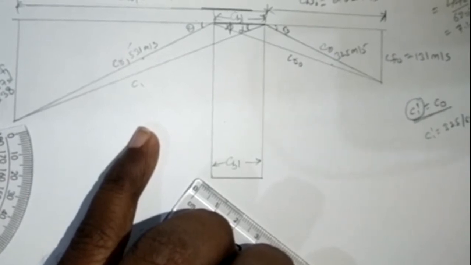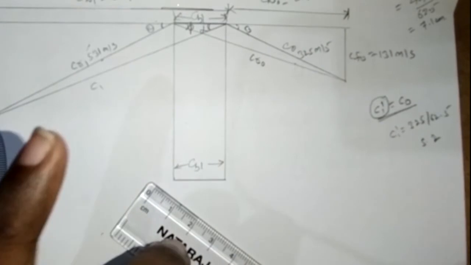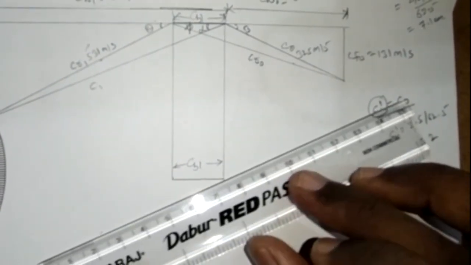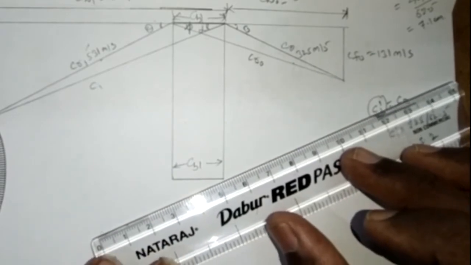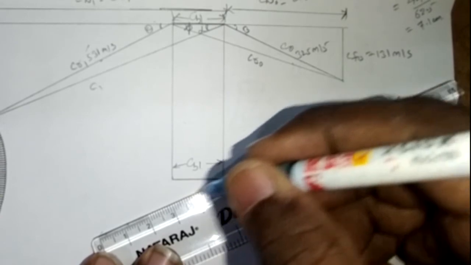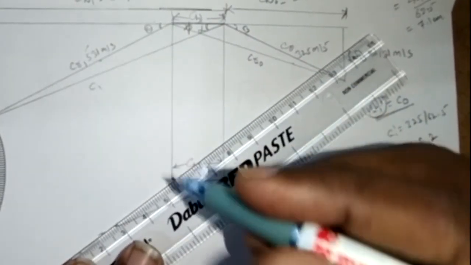So C1 dash is 325, divided by 62.5 the scale factor, around 5.2 centimeters. So at 22 degrees, 5.2. Join these ends, project it.